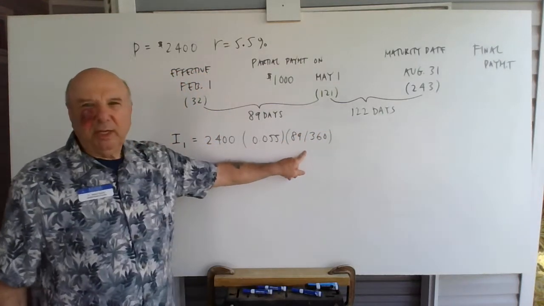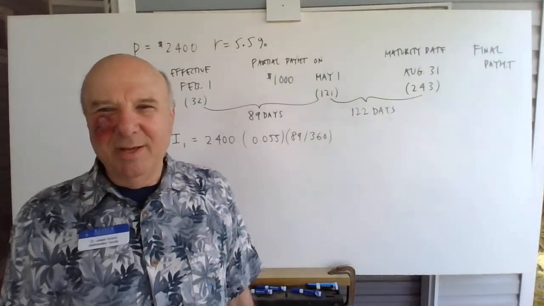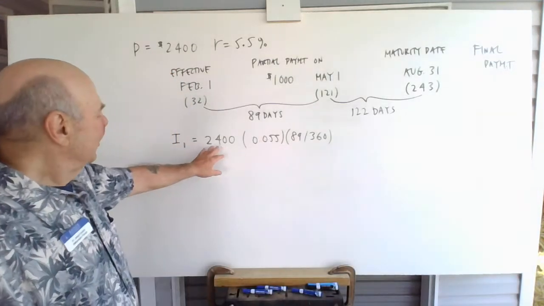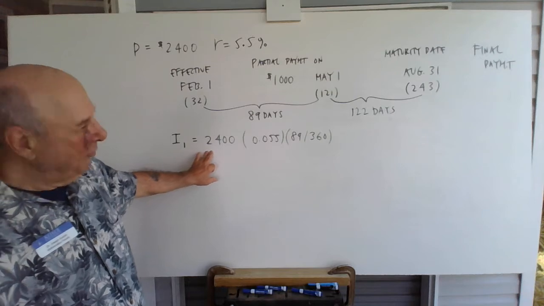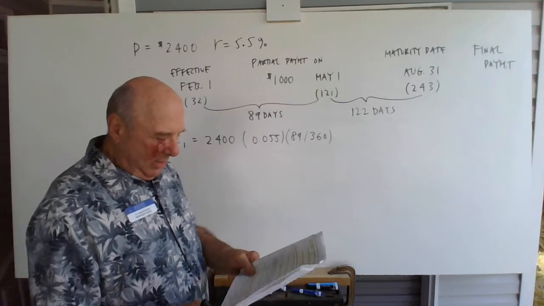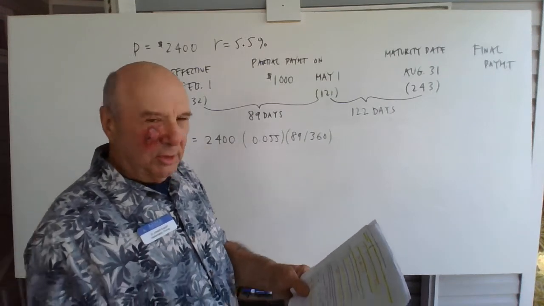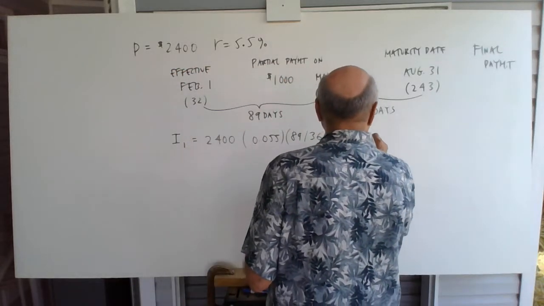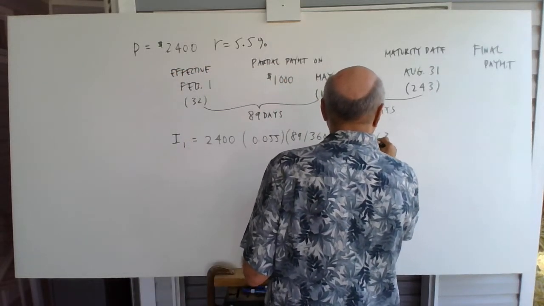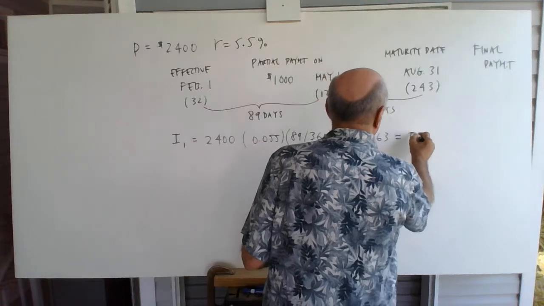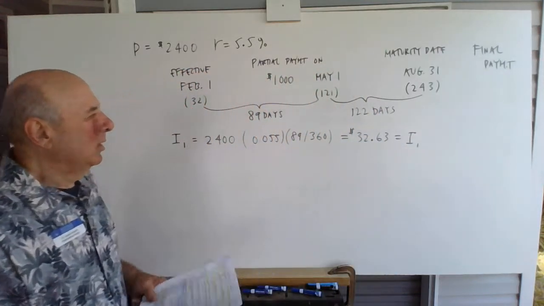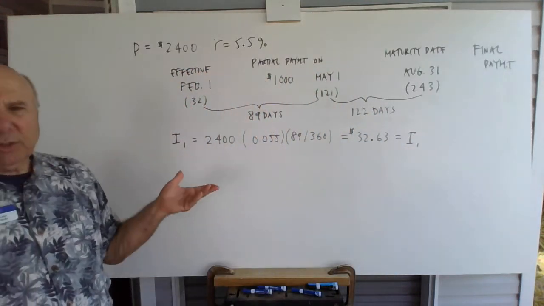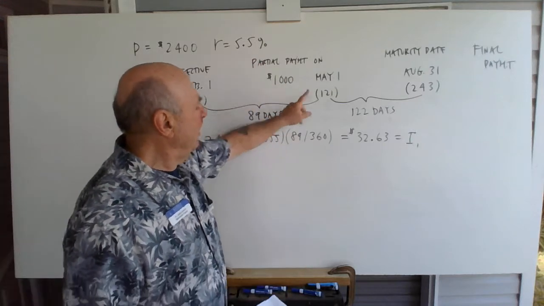Once again, don't forget, banker's rule, you've got to live with it. If you work this out on the calculator, the initial interest is $32.63. That's how much interest I owe on May 1st.